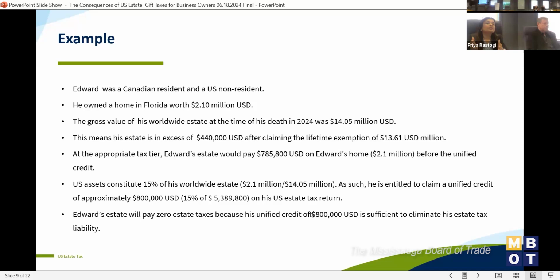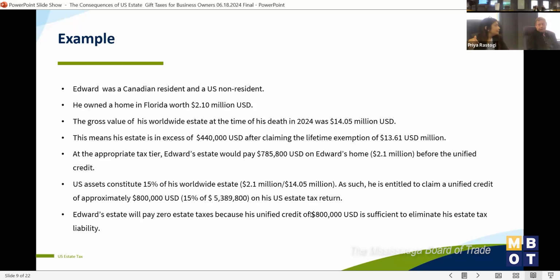It is not 40%, as we talked about before. If his worldwide estate was 15 million, he would have owed some taxes in the US. The 13.6 million is what they have said, but that 40% is really a little less than 40%. That's why even with an estate of more than $13.6 million, Edward's estate didn't pay any tax.